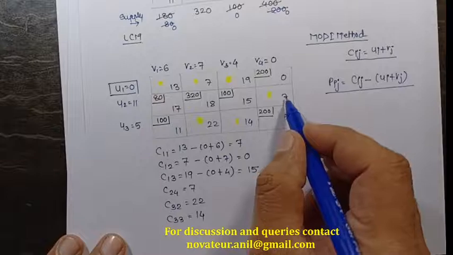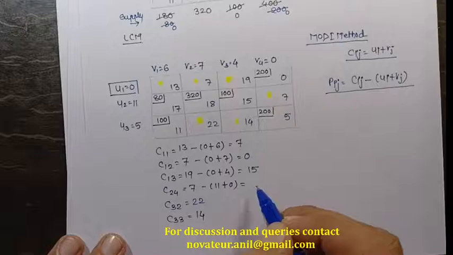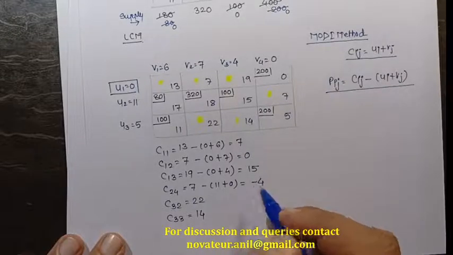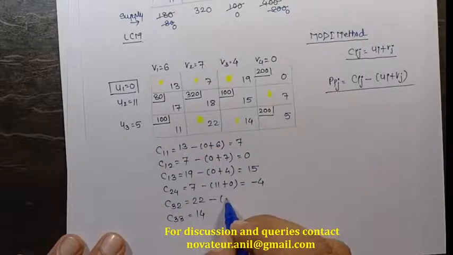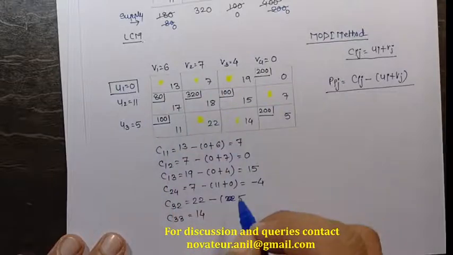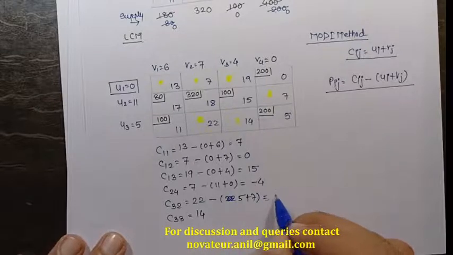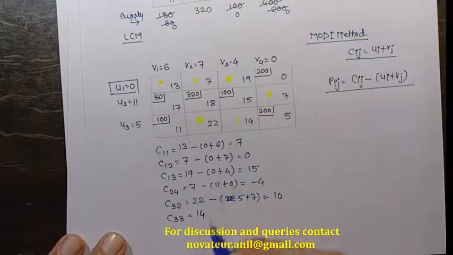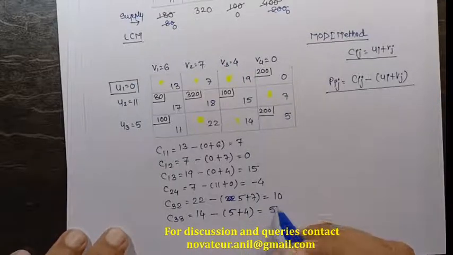For 7, the adjacent u value is 11 and the v value is 0, so 7 minus 11, I got minus 4. Here this is 22 minus, adjacent u is 5 and this is plus 7, so this is 22 minus 12, the answer will be 10. And this is 14 minus the adjacent value 5 plus 4, that is equal to 9, so the answer will be 5.